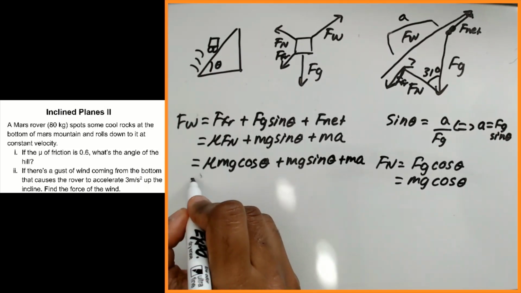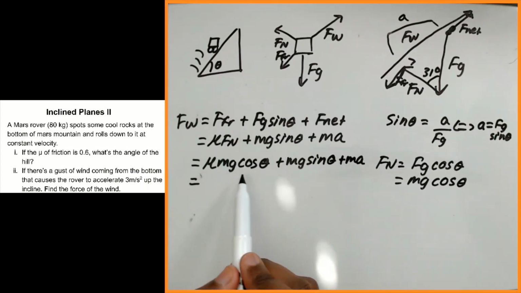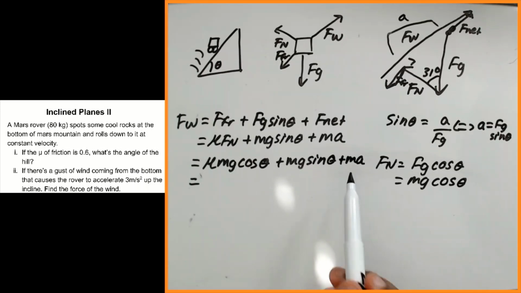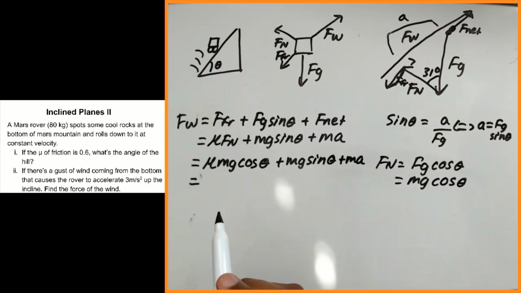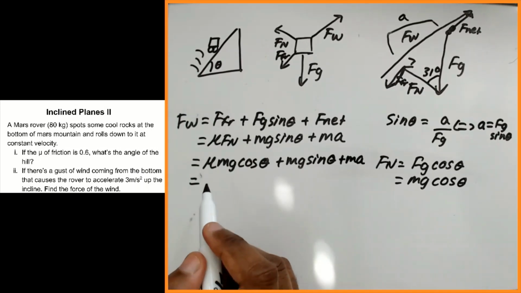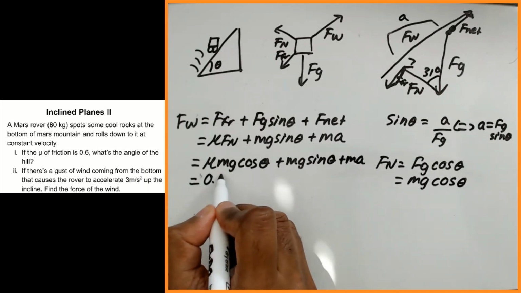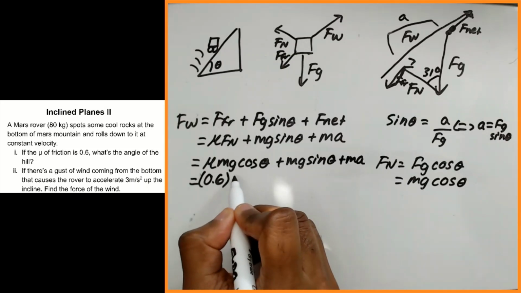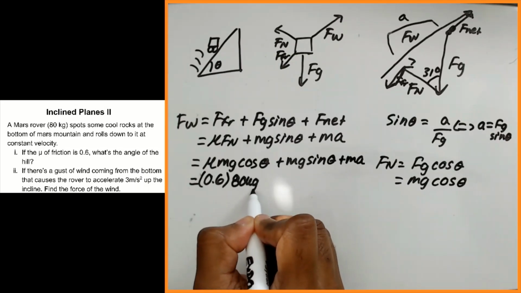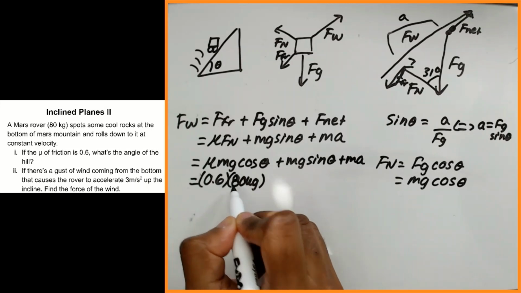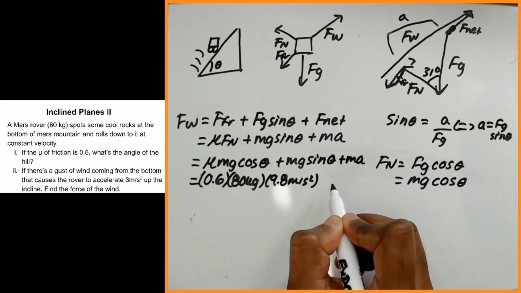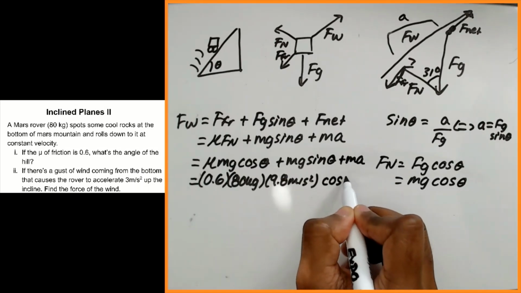All right, so now that we have all the components, let's go through and see if we know all the variables. So we do know mu, mg, of course, we know that. Angle we know, and ma. Okay, so we're good to go. So all we need to do now is plug in the values. So what we get here is 0.6 times m, which is 80 kilograms, times 9.8 meters per second squared, times cos 31.